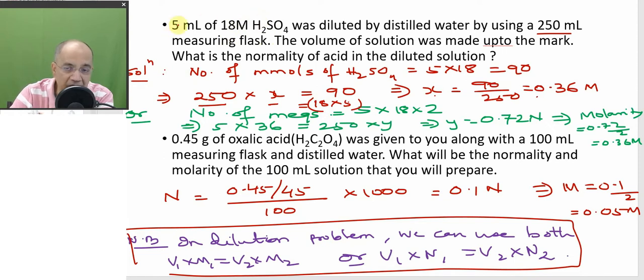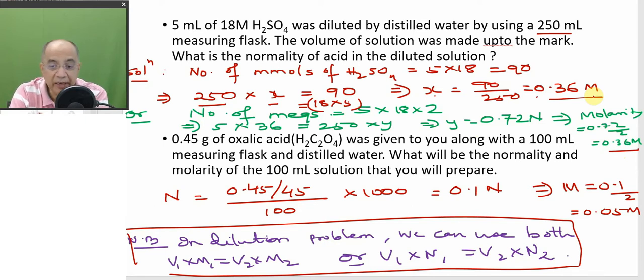So V1N1, 5 into 36, is equal to 250 into y. So the normality you are getting is 0.72. And from here you can convert it to molarity. Just divide the normality by the n factor, and you get the molarity. So 0.72 by 2 is 0.36, which we have already determined from V1M1 is equal to V2M2.